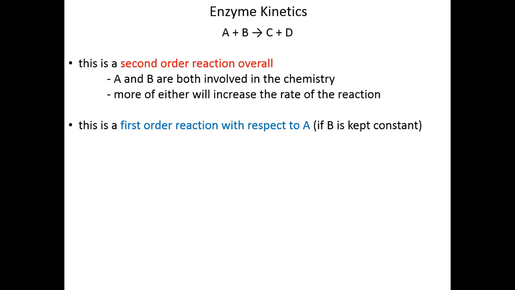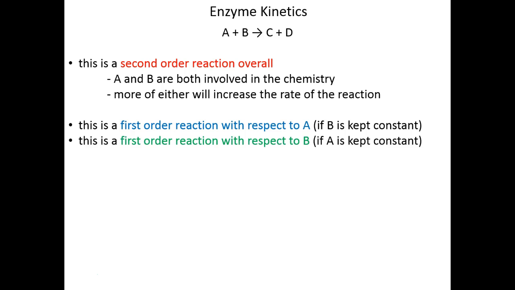And so this is a first-order reaction with respect to A. In other words, from A's perspective, if only A is changed, then only one thing is influencing the rate of the reaction. The same is true from B's perspective. From B's perspective, if the amount of A is kept constant, then only changing B's concentration will influence the rate of the reaction. So with respect to B, this is also a first-order reaction.